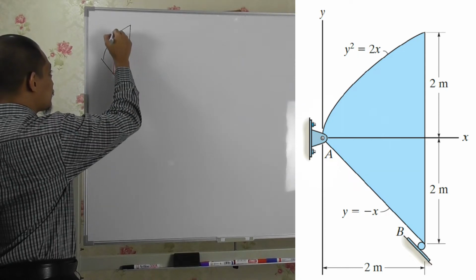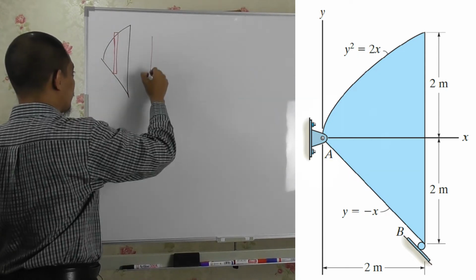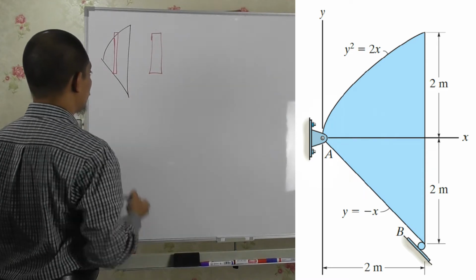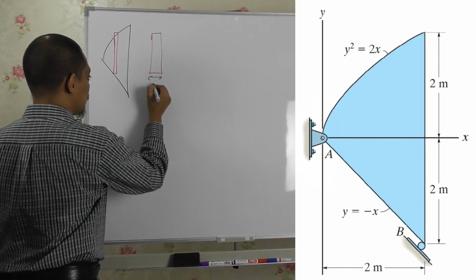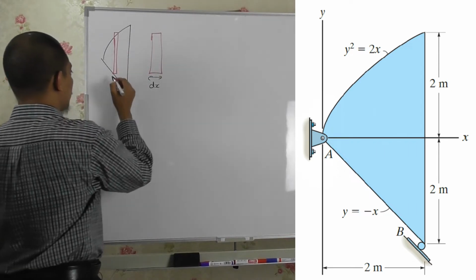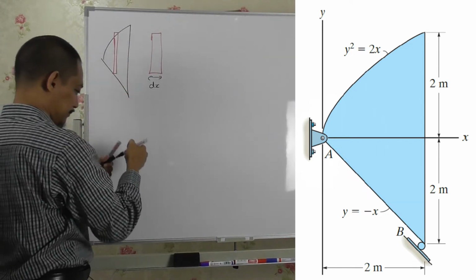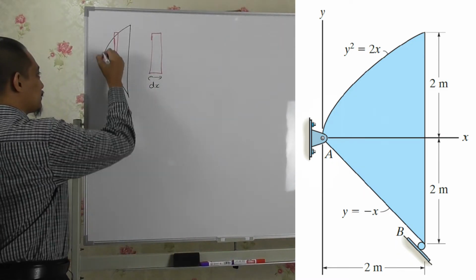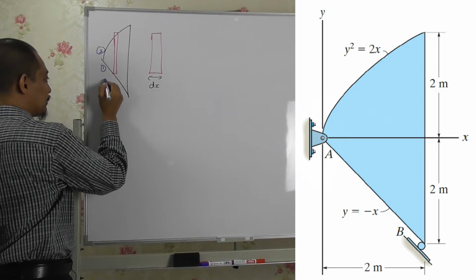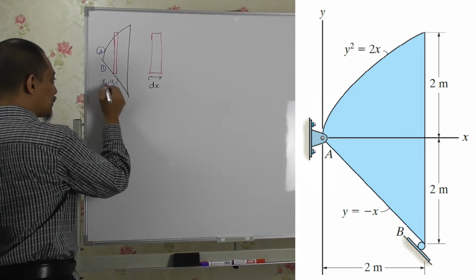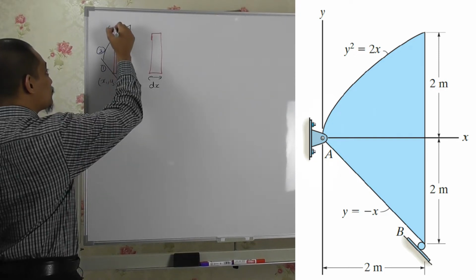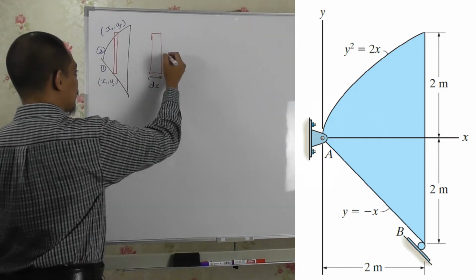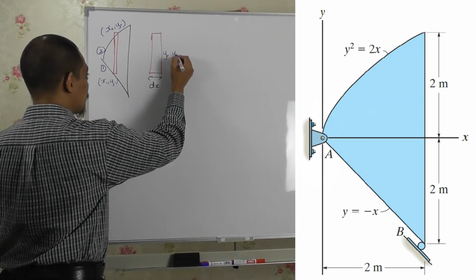So I will take a vertical element here and bring it out. So this is the vertical element, and this is dx. Let's say this is curve 1, this is curve 2. Hence this one is x1, y1, and x2, y2. So this one is y2 minus y1.